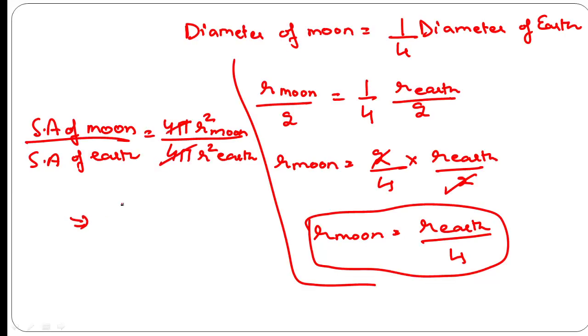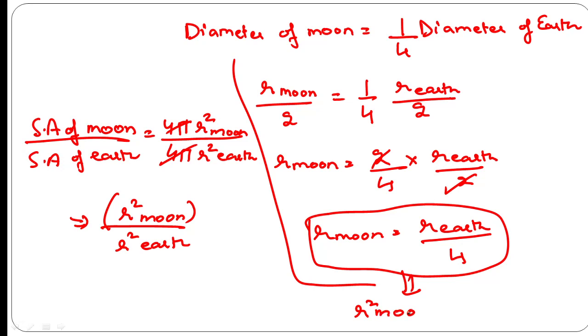So 4 pi will cancel, and we will form the radius square of moon divided by radius square of earth. You can square this side, radius of earth square, and the square of this 4 is 16.